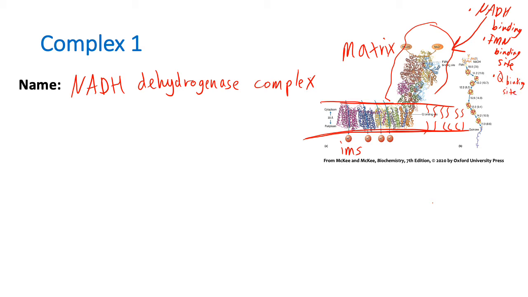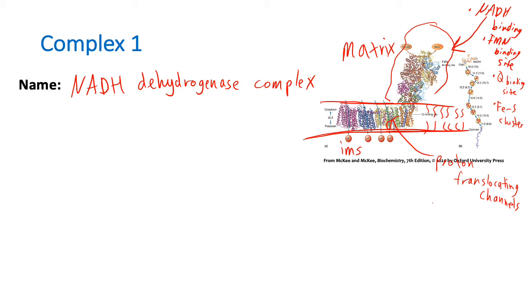And it's going to also have FeS clusters. Those are called iron sulfur clusters. And then the membrane domain right here, the hydrophobic part, has the proton translocating channels. So it's here in the membrane that the protons actually get pumped.